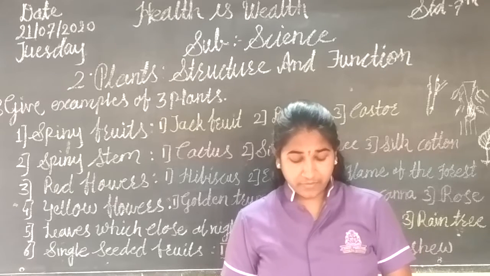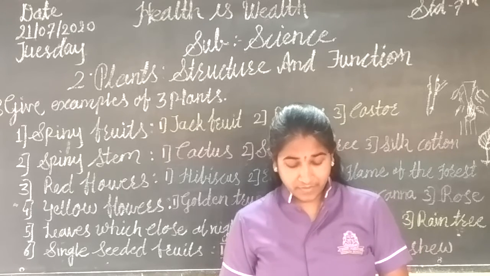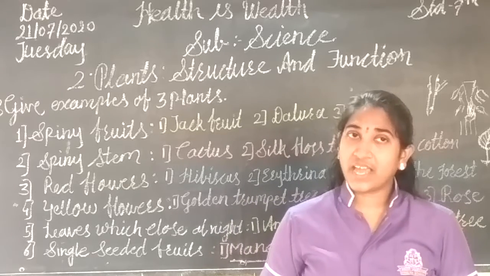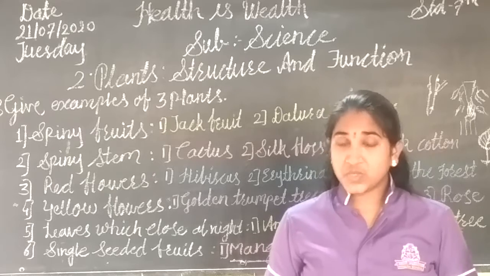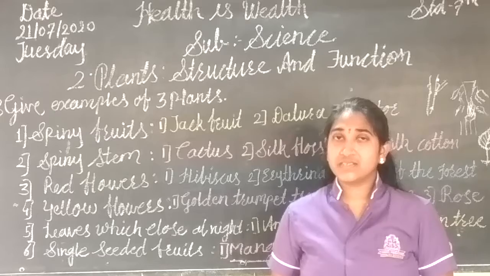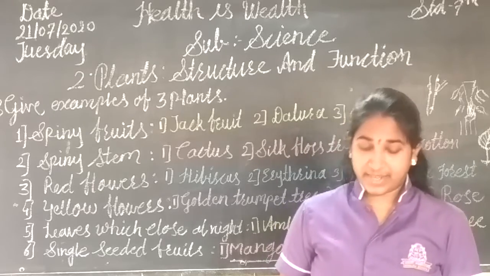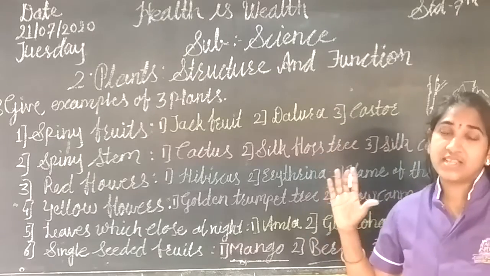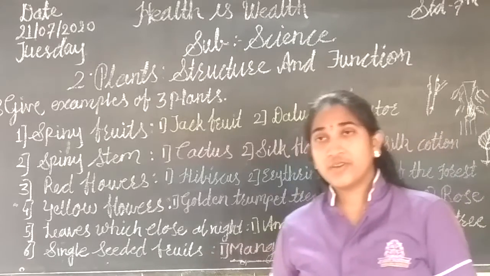And spines on leaf: that is Pandanus leaf, that is Kevda. The Kevda leaves have spines. These are some examples and this characteristic we will learn in our next class. Just go through it and read this lesson carefully for your better understanding.